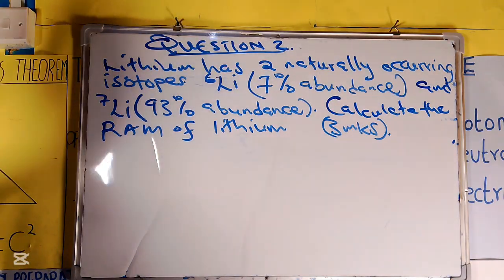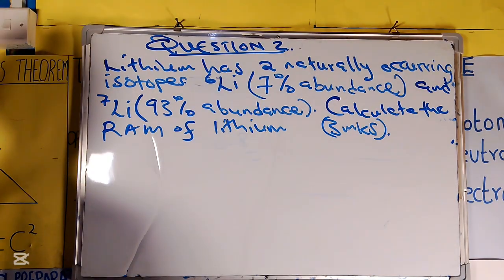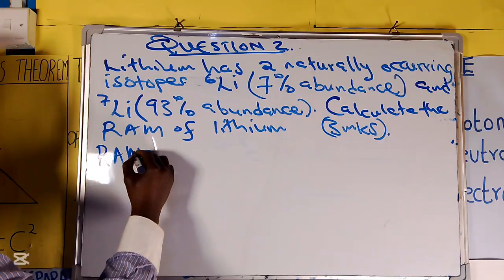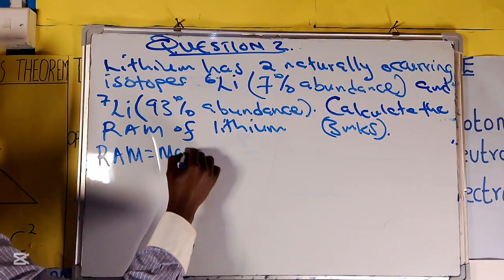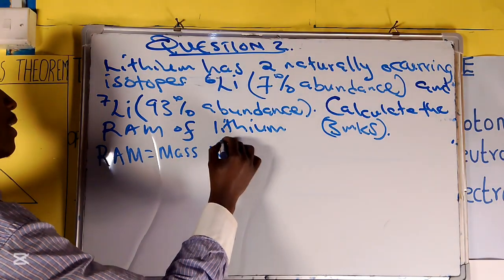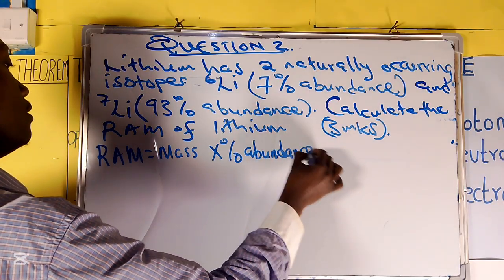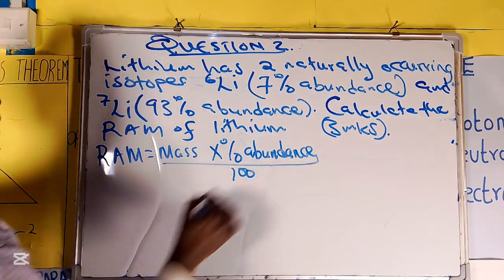So, in this case, we said that the formula is RAM is equal to mass of isotope times percentage abundance over 100.